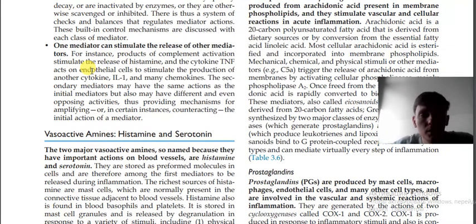The secondary mediators may have the same action as the initial mediators, but also may have different and even opposing activities, thus providing mechanisms for amplifying or, in certain instances, counteracting the initial action of a mediator. So it's a complicated system, and even nowadays studies are aimed at understanding its function.